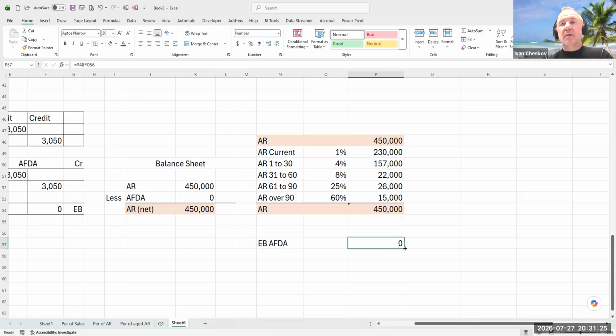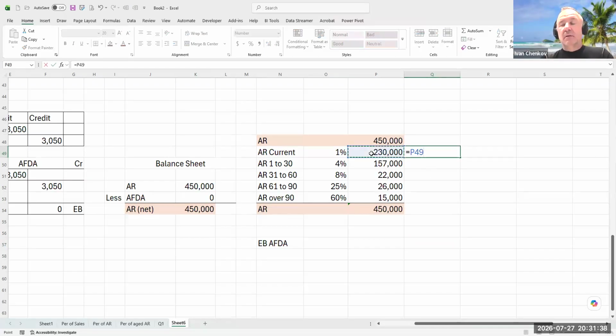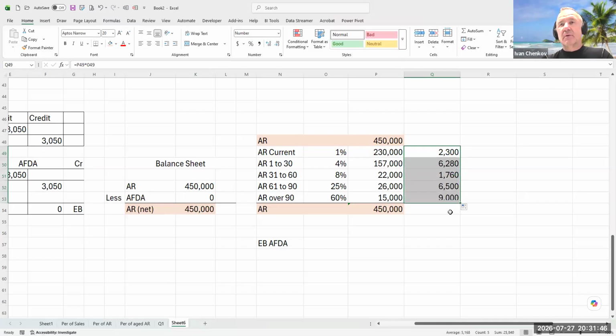What will be the ending balance for our allowance for doubtful accounts in this case? So we're going to start by calculating this column times 1%. That's going to give us 2,300. The next column is going to give us another number, and so on.